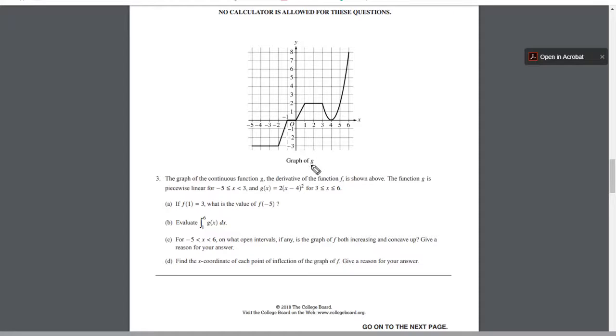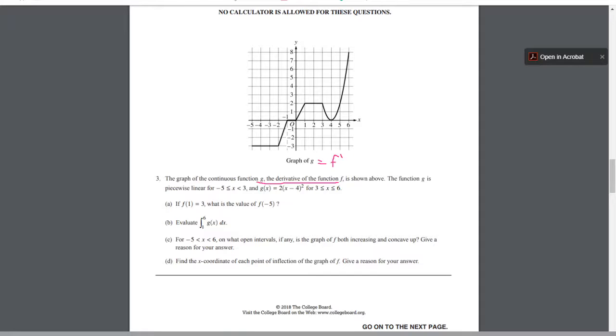Okay, so the first thing we want to do, this is the graph of the derivative of f. So if we label it that way, that will help us understand everything we're doing. So if f of 1 equals 3, what's the value of f of -5?